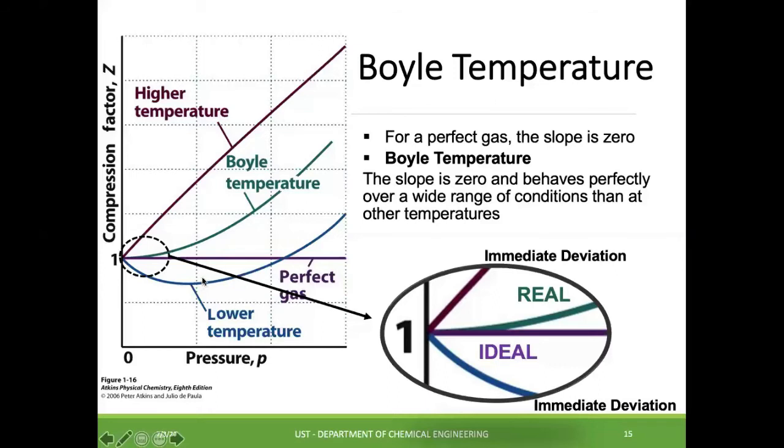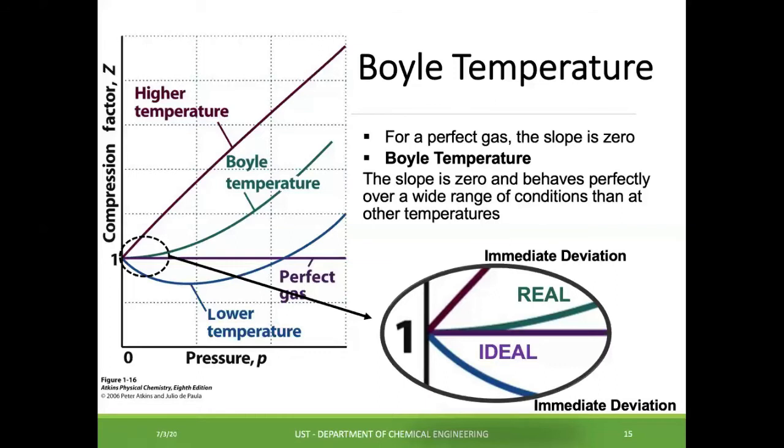So what happens to the molar volume of a real gas? Molar volume of real gas is much greater than ideal gas, because in condensation, it is changing from gas to liquid. So you know that the molar volume of liquid is much, much less compared with volume of a gas.